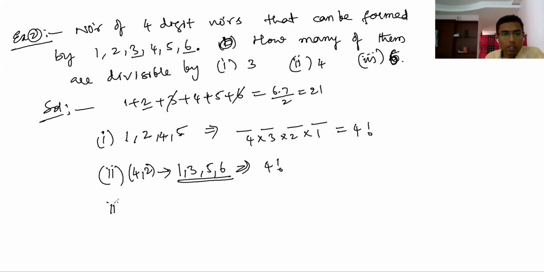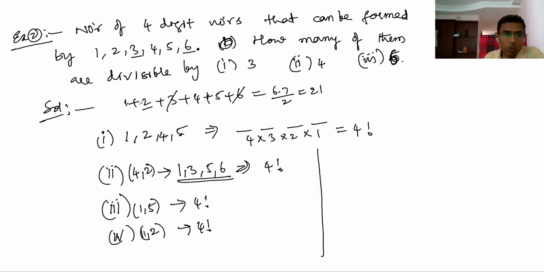So like that you can write 2 more also. So what else? So with 1 actually you have to do like this. 1, 5. First you have to remove 1, 5. This is 4 factorial. Then 1, 2 also you can remove. That is 4 factorial. After that 1 is 5 only.